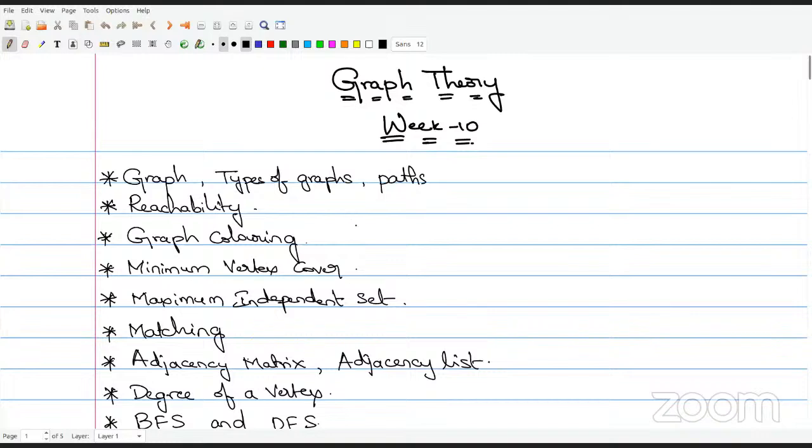Okay, so let us start without any further delay. Today we will be covering these things. These are the terminologies involved in this graph theory topic. You might know a few, but maybe a few things are very new to you. We look into the maximum independent set, then we will look into what is matching, and then adjacency matrix and adjacency list.